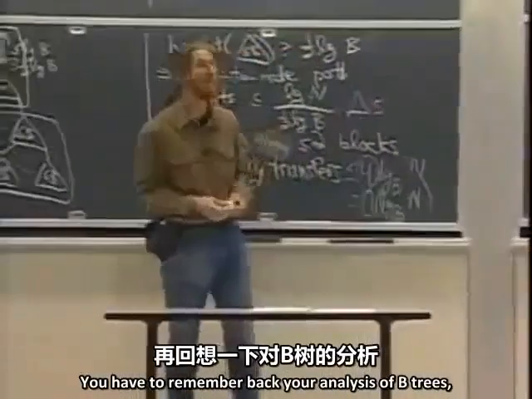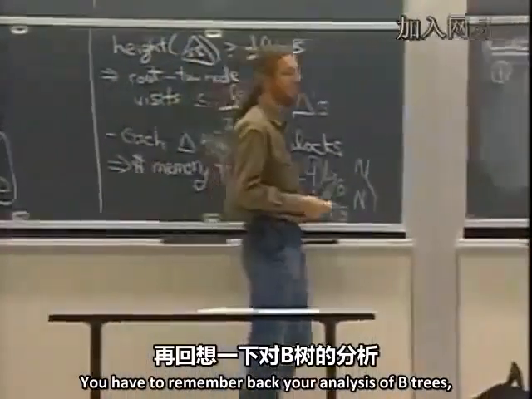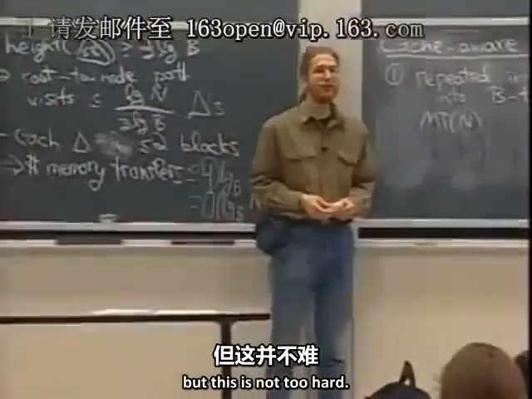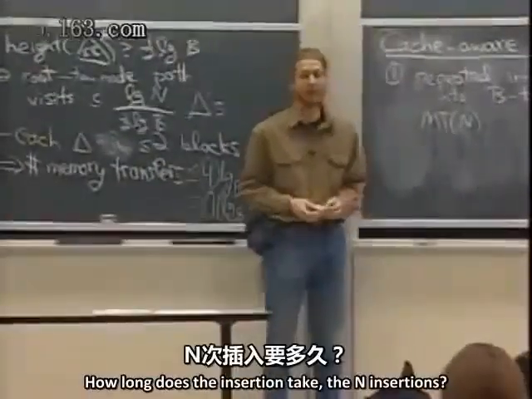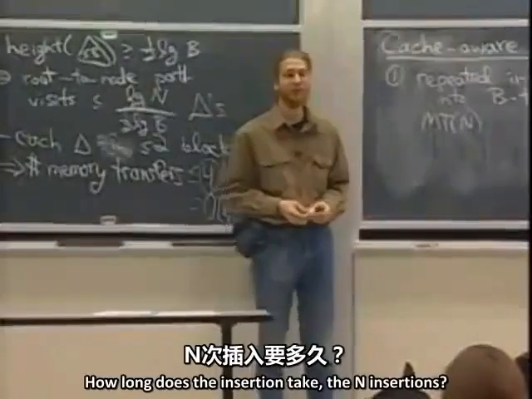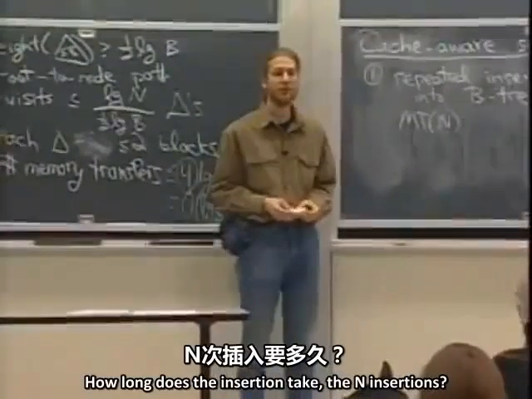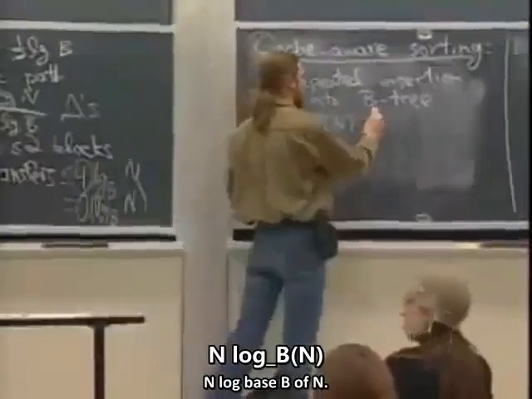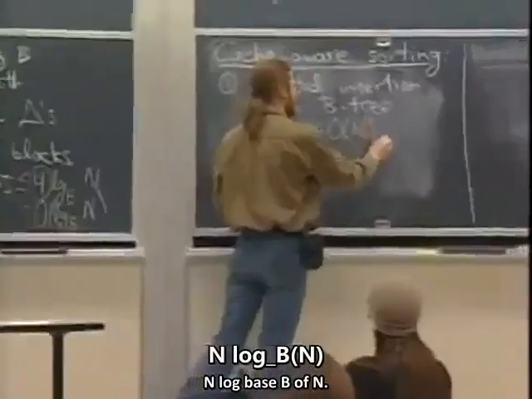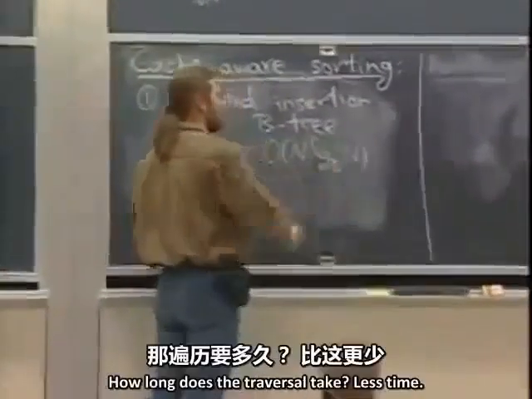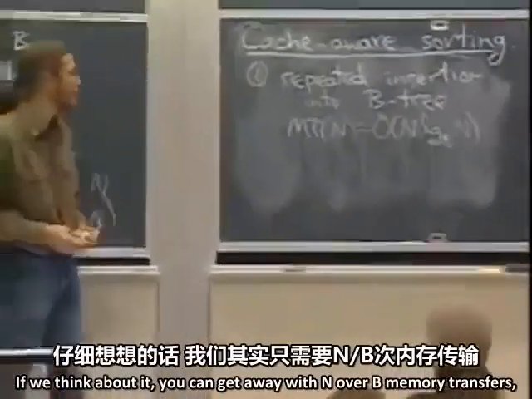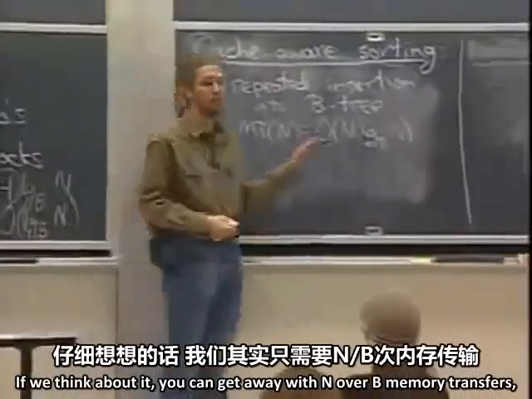You have to remember back to your analysis of B trees. But this is not too hard. How long do the n insertions take? N log base B of n. How long does the traversal take? Less time. If you think about it, you can get away with n over B memory transfers, so quite a bit less than this.